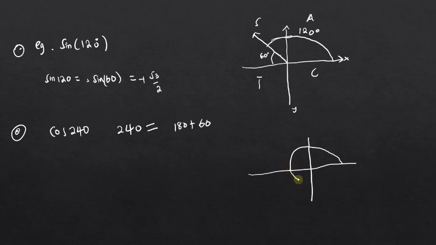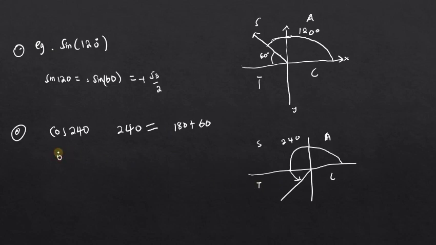You draw 60 degrees here, and then this angle is 240 degrees. It is lying in the third quadrant, which is where tan is positive, and every other thing is negative. So since we are talking about cos, it will be negative in this quadrant.